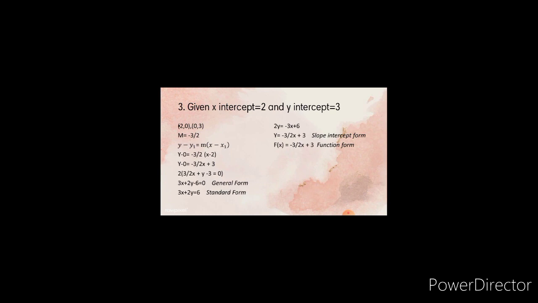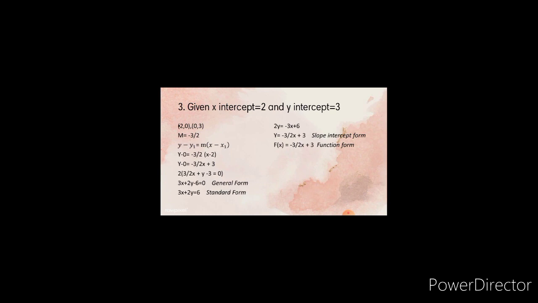Then transpose every value from the right side to the left side. So we will have 3 halves x plus y minus 3 equals 0.